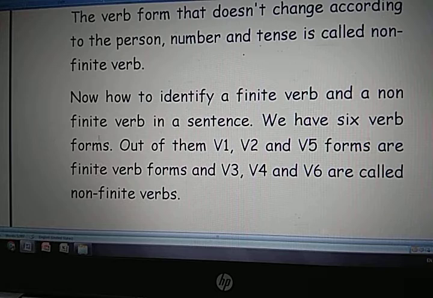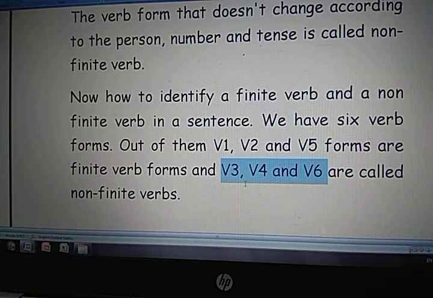The finite verb forms are V1, V2 and V5. That means simple present, simple past, and V5 means verb plus s, like looks, divides, that V5 form.